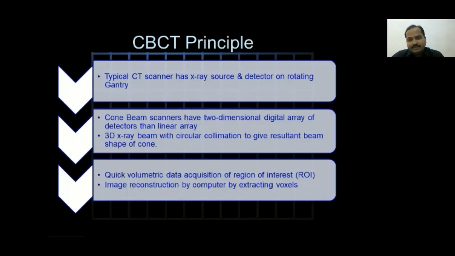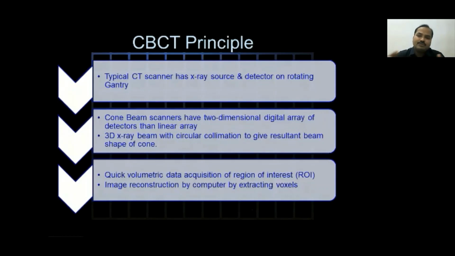So this X-ray beam which is produced in 3 dimensions will be in the shape of a cone only. In this, a quick volumetric data acquisition of the region of interest occurs. It means that if we are producing a beam which is in 3 dimensions rather than 2 dimensions, we are exposing the whole region of interest at one time.